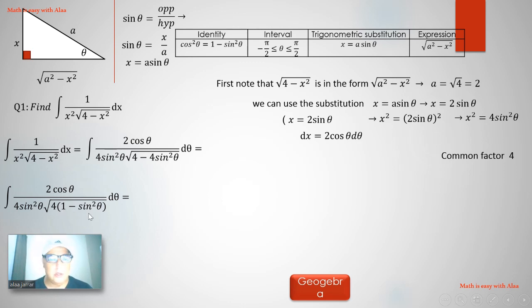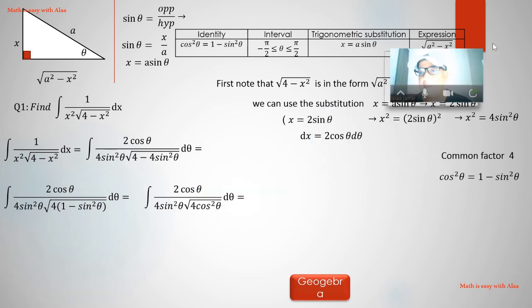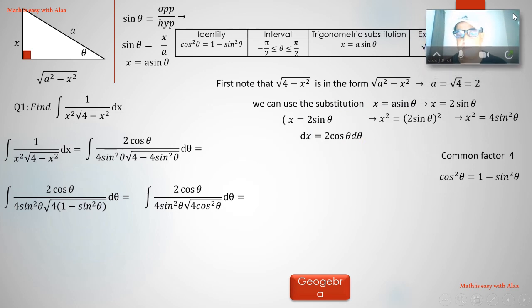Now we notice that 1 minus sine squared theta equal cosine squared theta. We will replace 1 minus sine squared theta by cosine squared theta. It will be the antiderivative of 2 cosine theta over 4 sine squared theta square root of 4 cosine squared theta d theta.